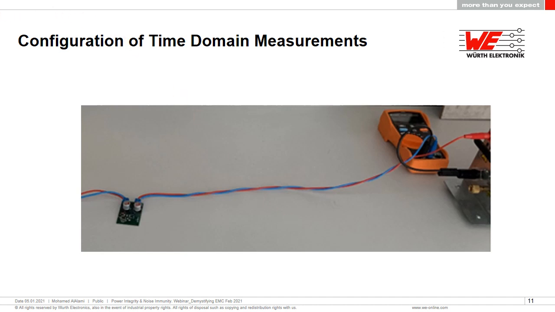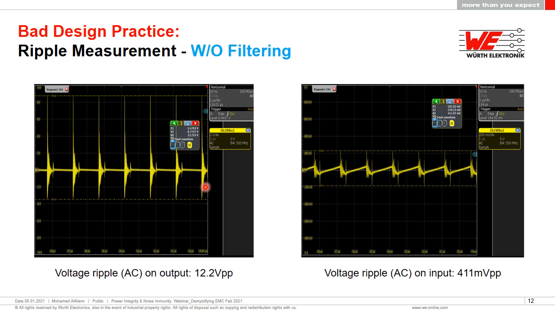Next, we will have a look at the scary time domain measurements for the ripple on the input and the ripple on the output. Starting off with the output voltage ripple, and this is, remember, without any filtering. All this circuit had was those 417 microfarad aluminium electrolytic capacitors on the input and the output. And it's horrific.